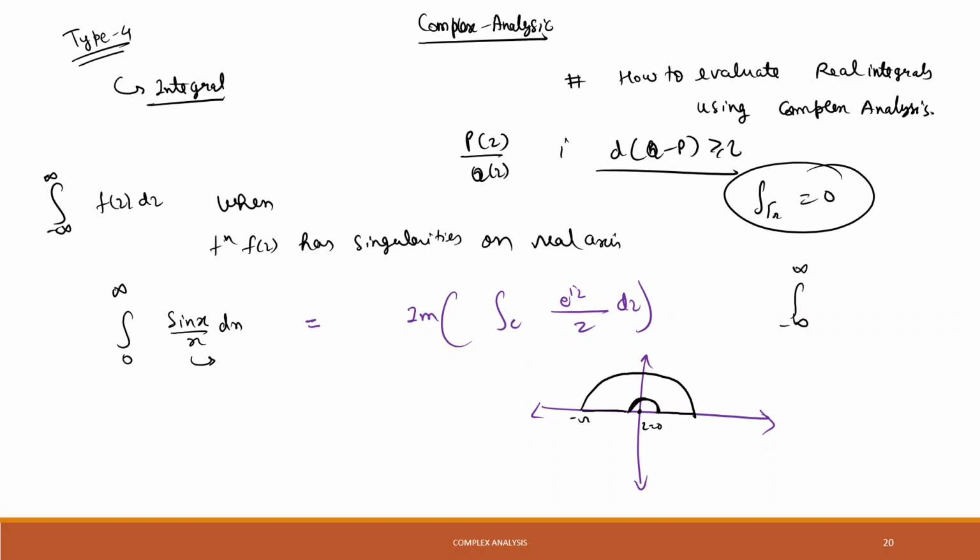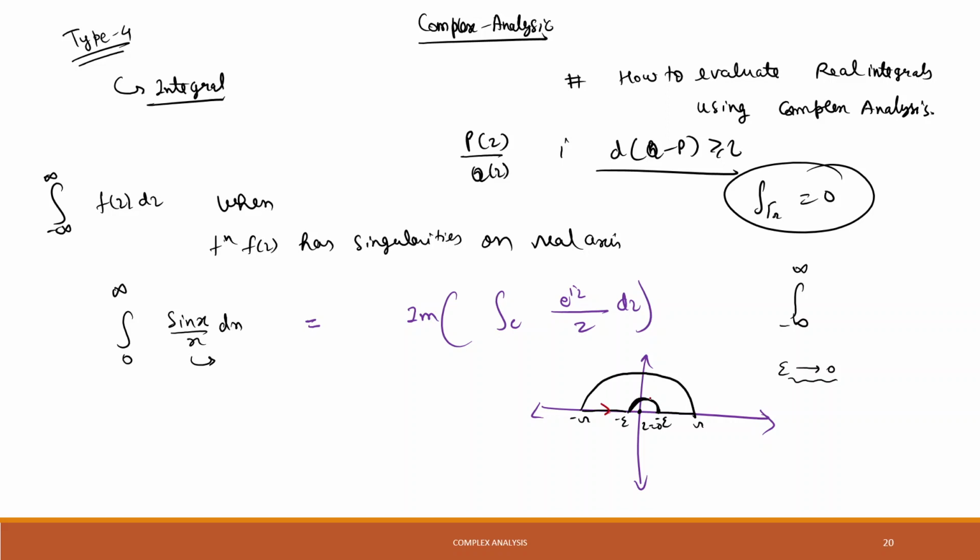We know that this is minus r and r. Just consider this as minus epsilon and epsilon, where epsilon tends to 0. At the end of applying the limit we will get our answer, that we will see. The thing is, we want that the singularity should not lie on the contour, so we have just taken a turn over here.